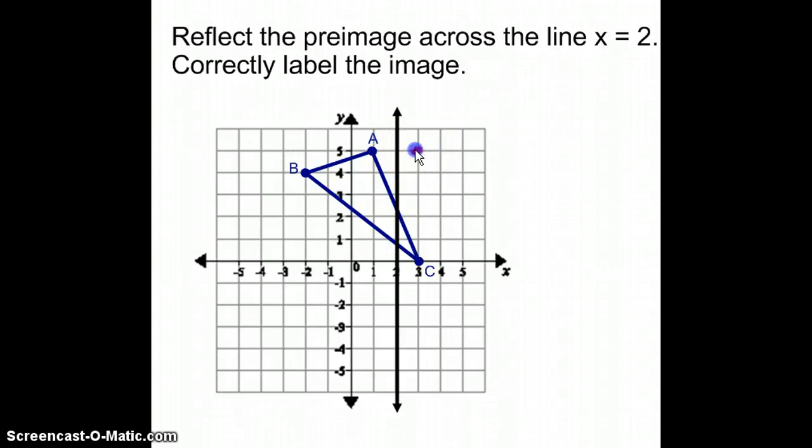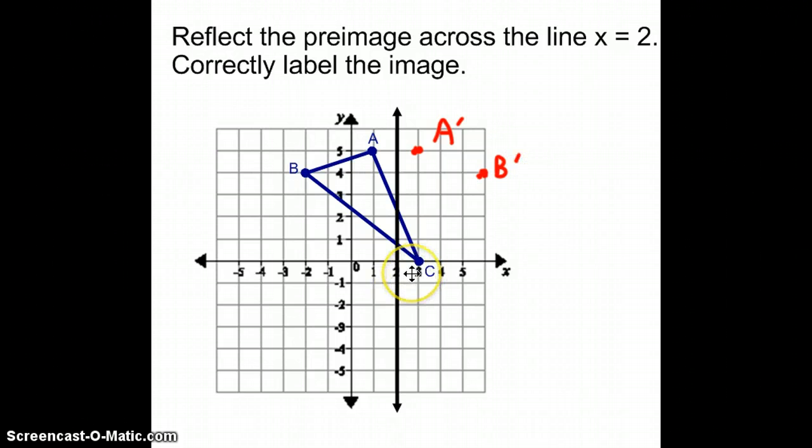And we can plot our point A prime. Counting B, we see that B is 1, 2, 3, 4 units away. So we can go to the other side and count 1, 2, 3, 4 units away to the other side of our mirror line.